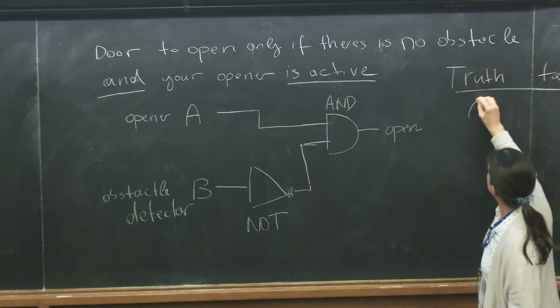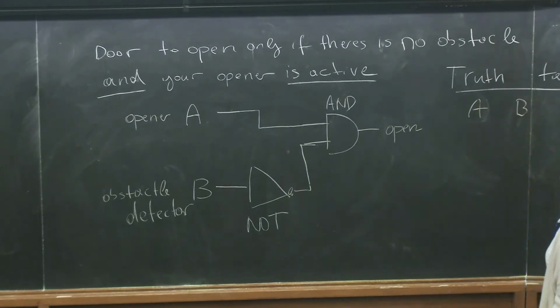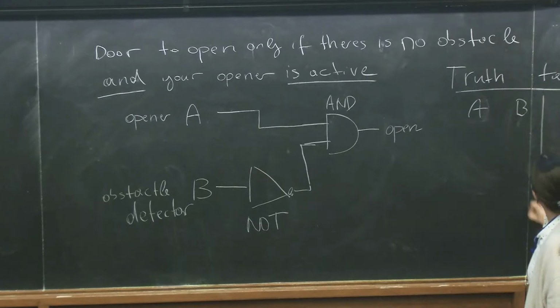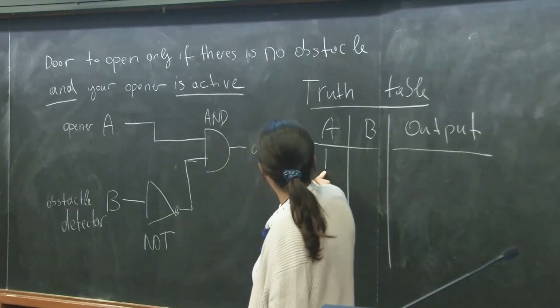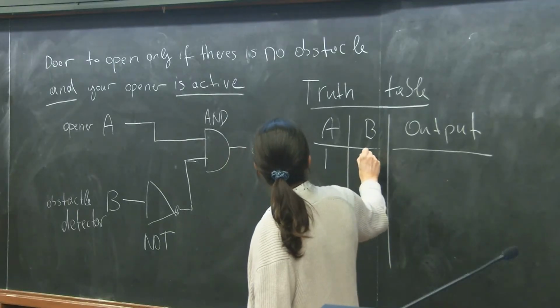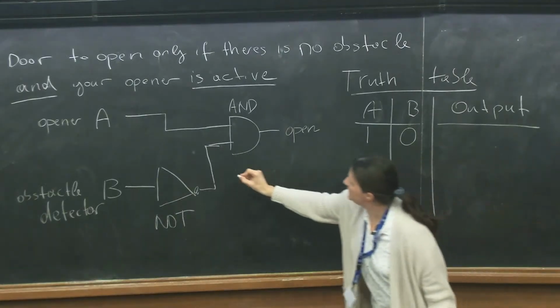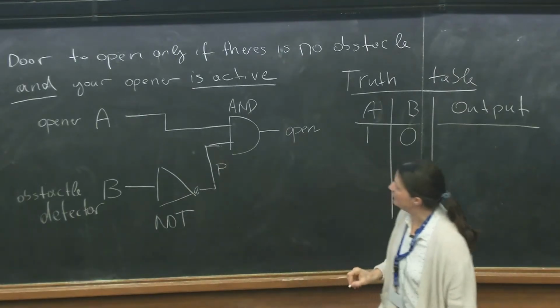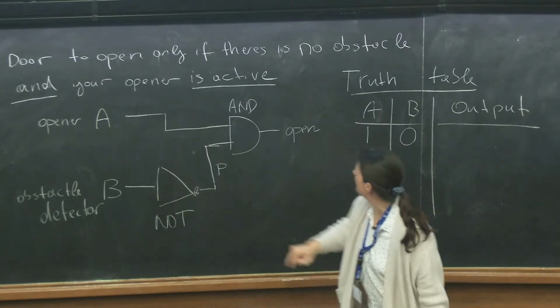You can think about what's A, what's B, what's your output, and you can go through all of these possibilities. So when A is active, and I don't have an obstacle, what happens here in this intermediate step? Because B is not active, it becomes a 1.